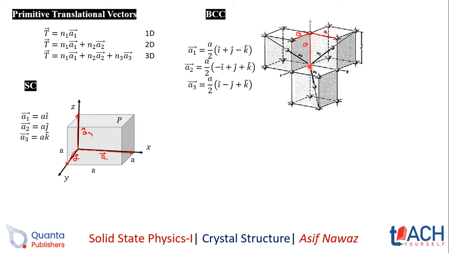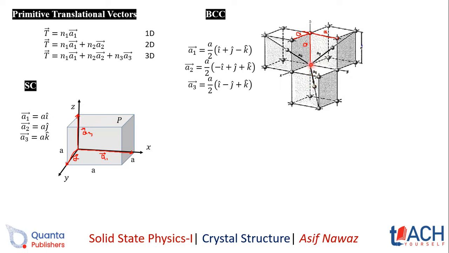So we know that on this side the x-axis is positive, and similarly on this side the y-axis is also positive, while if we travel in the opposite direction towards the z-axis then it would be the negative one. If we want to find the coordinates of a1, let me first specify: a1 is this, a2 is on this side, and a3 is on this side. We want to calculate the components of a1 right now.